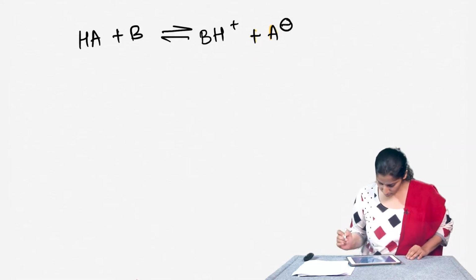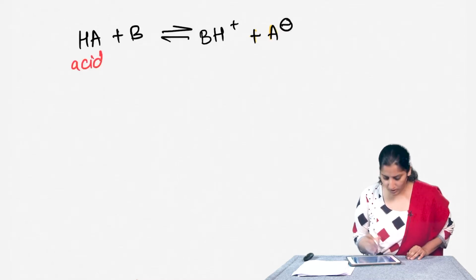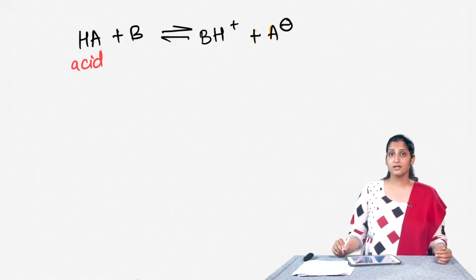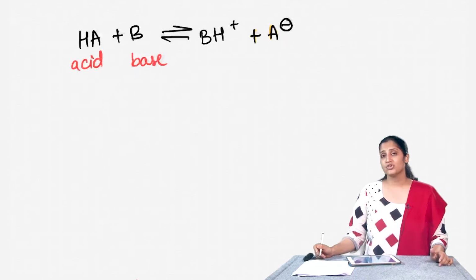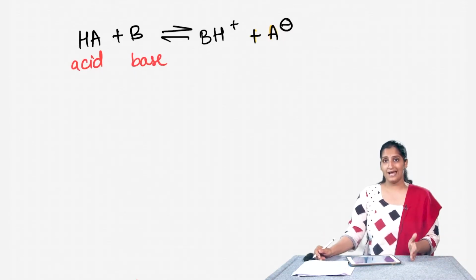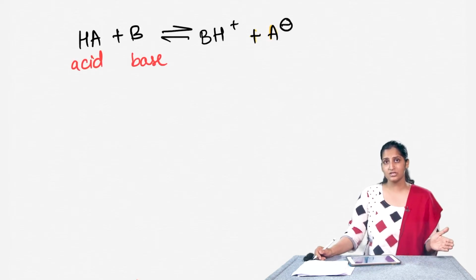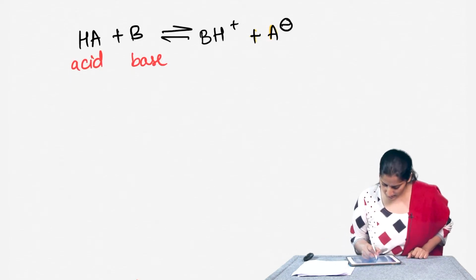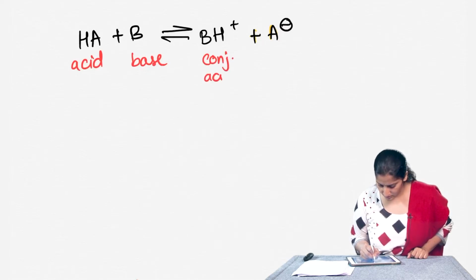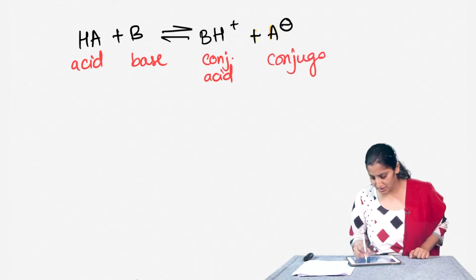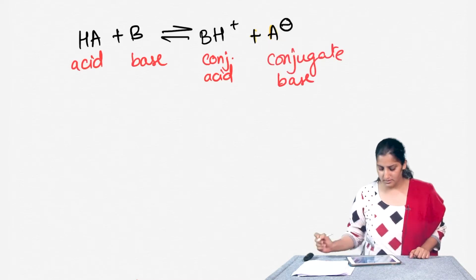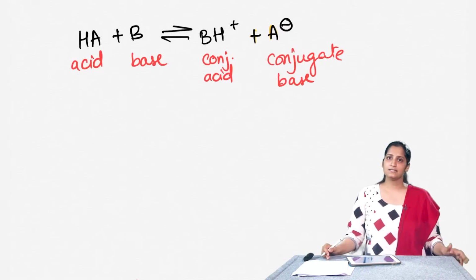Now, just to make you go back, HA is the acid because it gives us a proton, B is the base, BH plus is going to act as a conjugate acid, right, because if the reaction has to go back, it needs to function as an acid. And A minus is going to function as the conjugate base. So, this is a generic reaction between acids and base to give you conjugate acid and conjugate base.